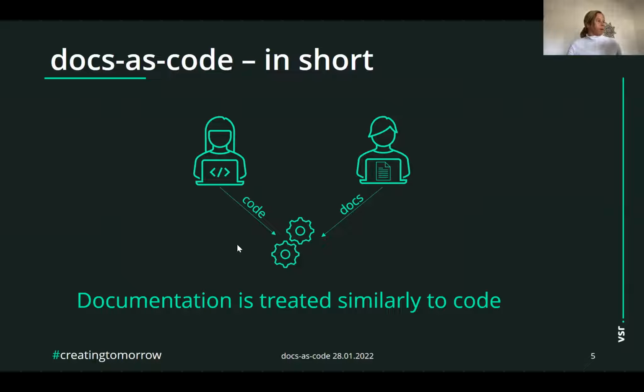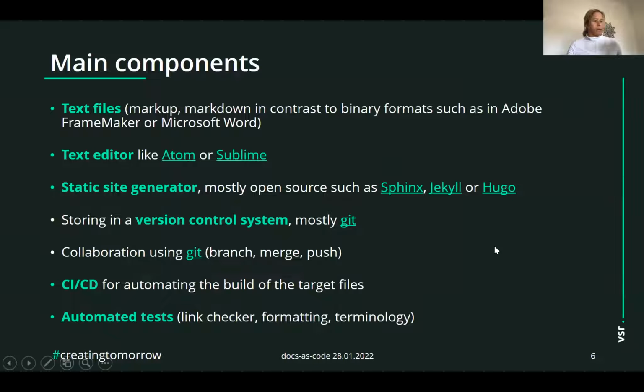So I then continue with the main characteristics. There are many more, right? But I try to concentrate on what is usually part of every docs as code toolchain. So first of all, text files in markup or markdown.